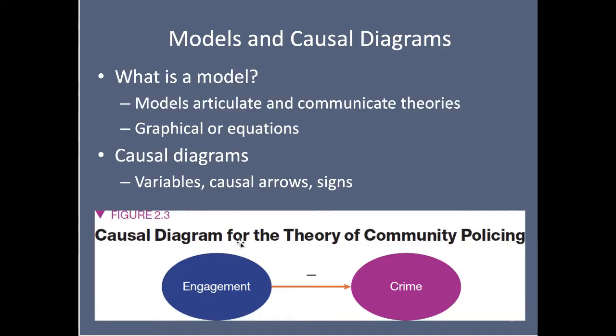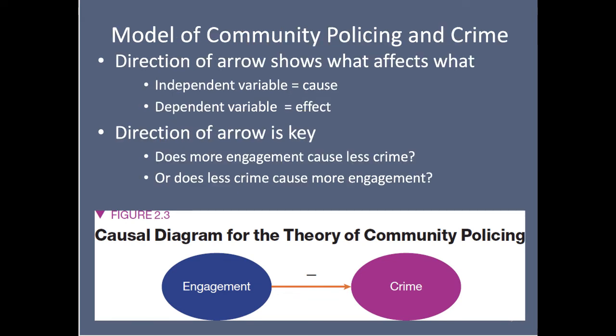So that's the crime variable. It's got to apply to some case. It can go up and down. It needs to vary. So in this example, in this model of community policing and crime, the direction of the arrow is telling us what causes what.